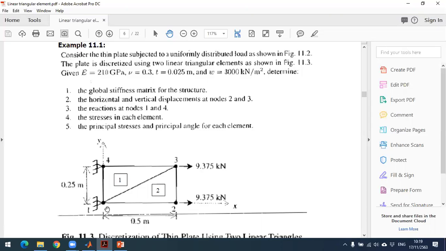Then xj becomes 0.5, yj becomes 0.25, and xm becomes 0, ym is 0.25.